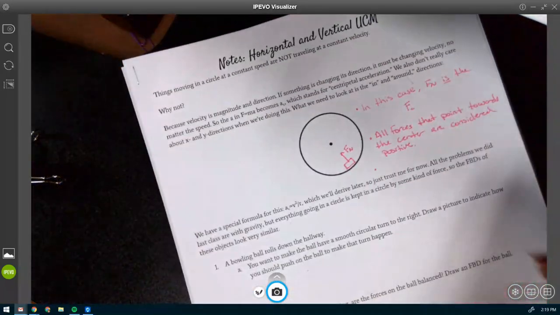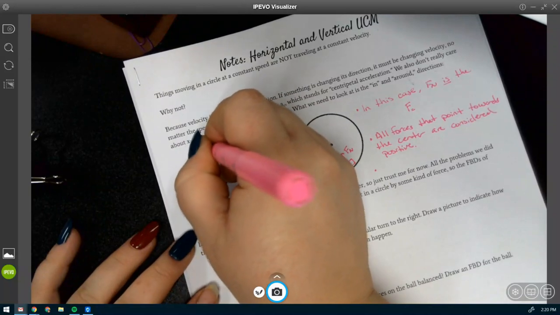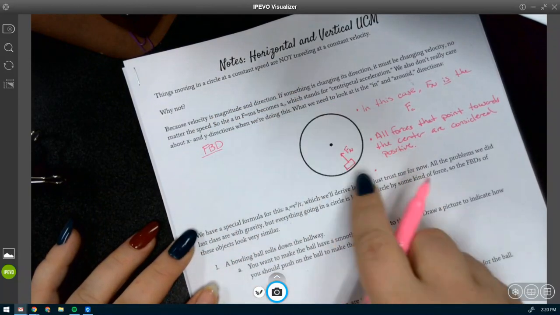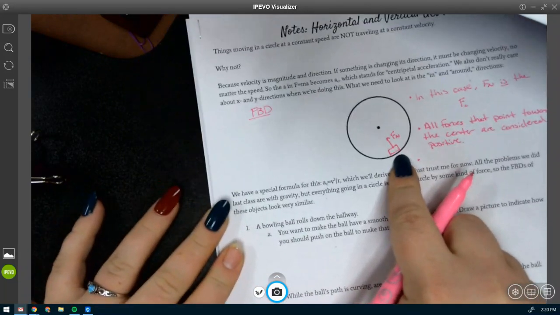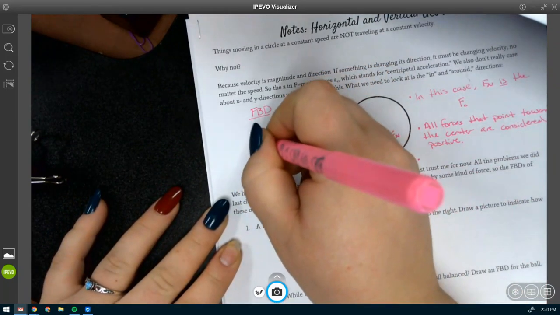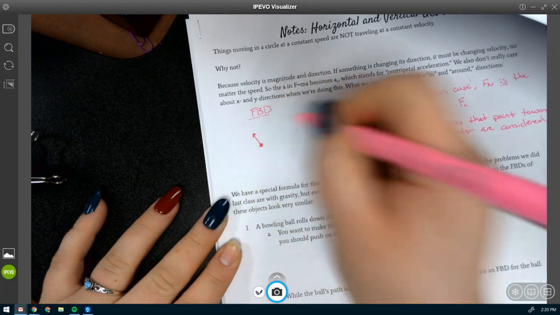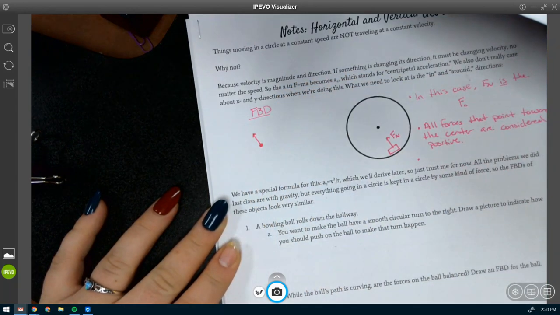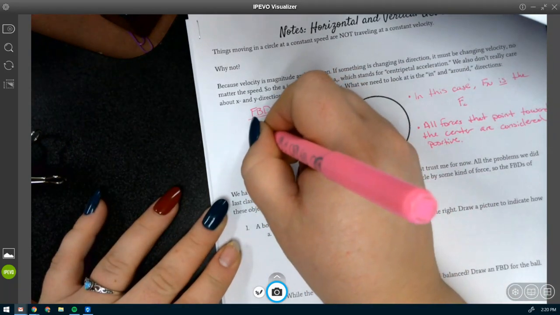Then if I draw the actual free body diagram at this point right here, we have a normal force that's pointing in that direction, so towards the center. So this is our normal force.